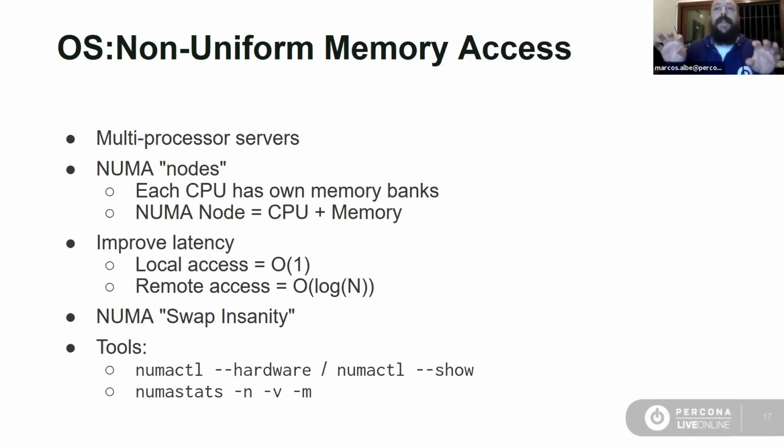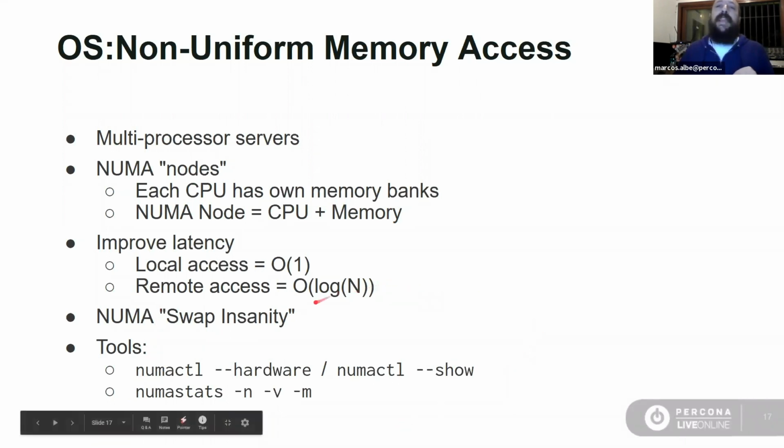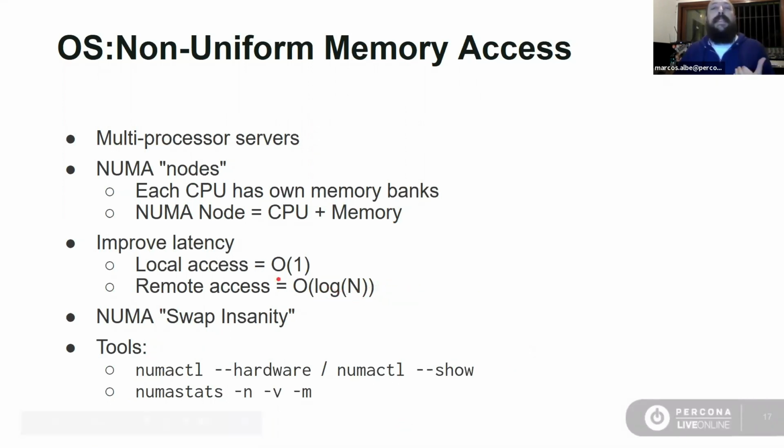Each CPU will have its own memory bank. And so the local access will be very cheap, while the remote access will remain at the same cost as before, with log n. But because now half of the access is super cheap, we gained a lot of performance. And actually, if we can keep all of our access local, then performance is going to be great. And there's really a lot of potential gain there.